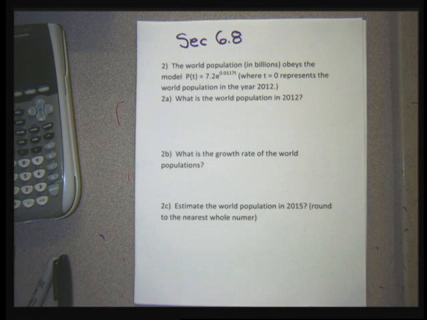The first few problems in this section start off with a short little sentence, and in that sentence is an equation and words that tell me what that equation can be used to model. And the first few problems just want us to get used to these, we call this an exponential growth equation.